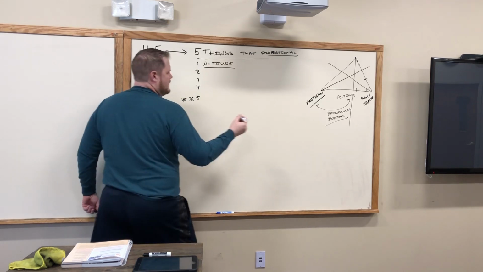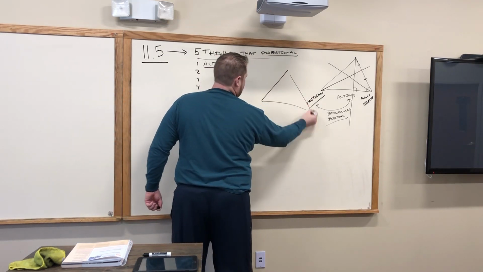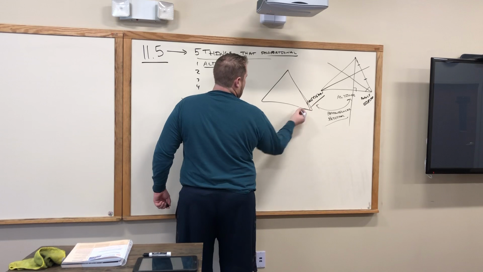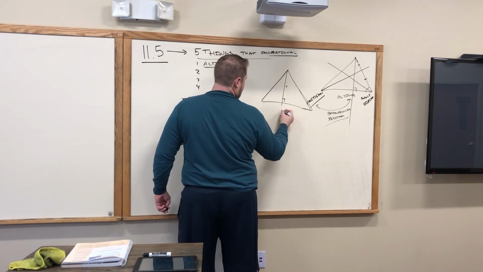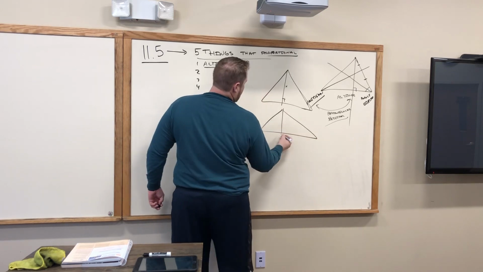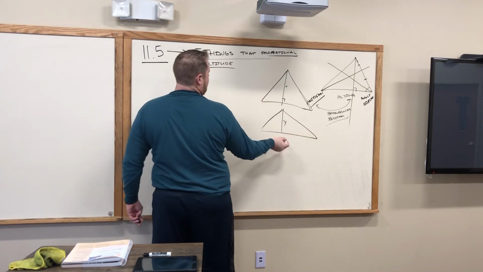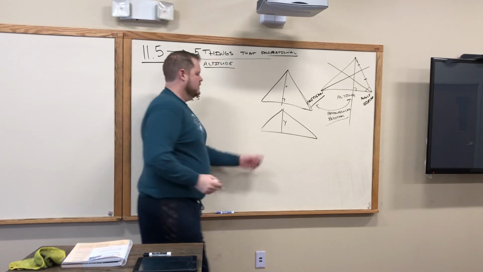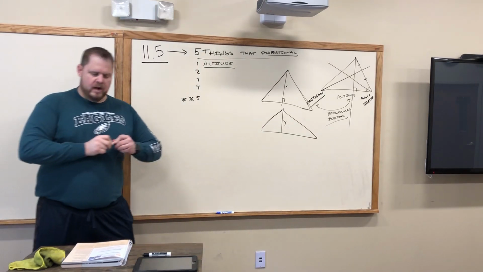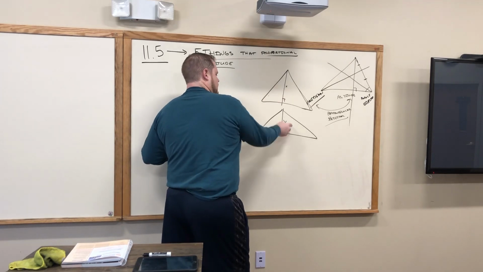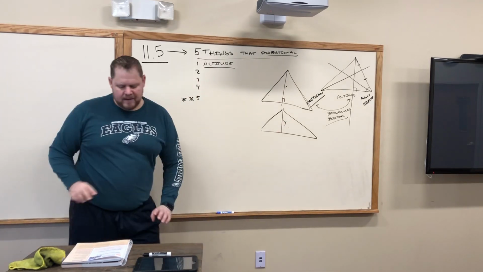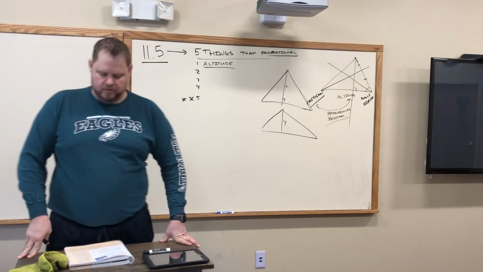If I see a drawing like this, and I have an altitude, then the altitudes in these two drawings are going to be proportional if these two sides are proportional. Whatever the sides are, the altitudes are. So that same proportion is true about both of them.